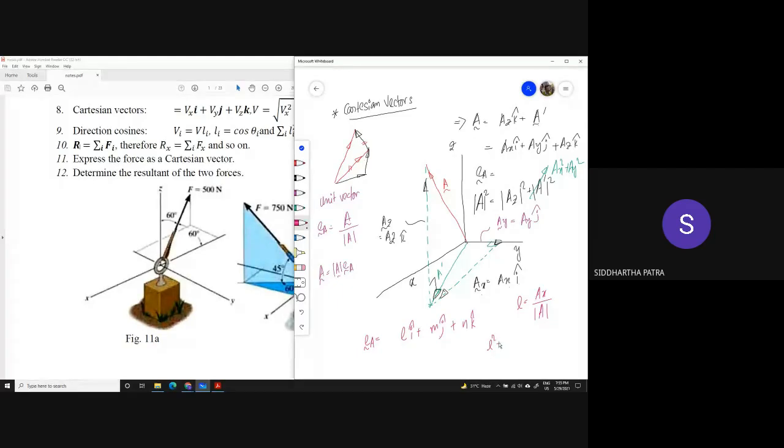And when you add the squares of these quantities, the sum becomes unity. Okay.